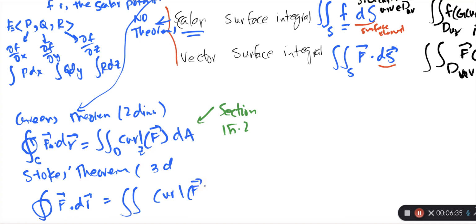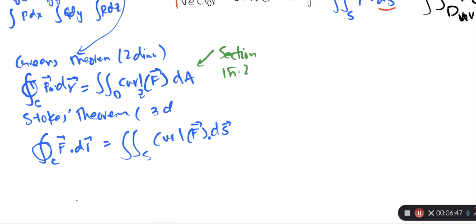of f dot dS over the surface that C encloses, basically. And so a lot of times you don't see C in here, you see instead the boundary of S, right?